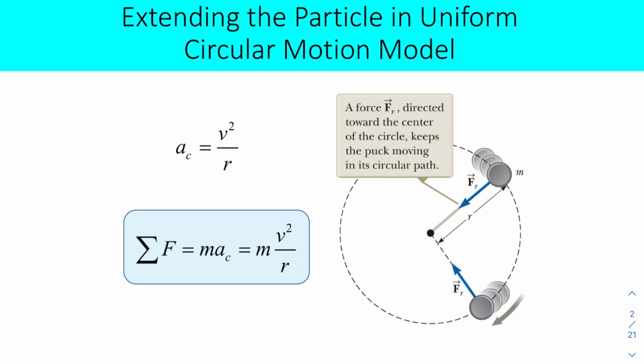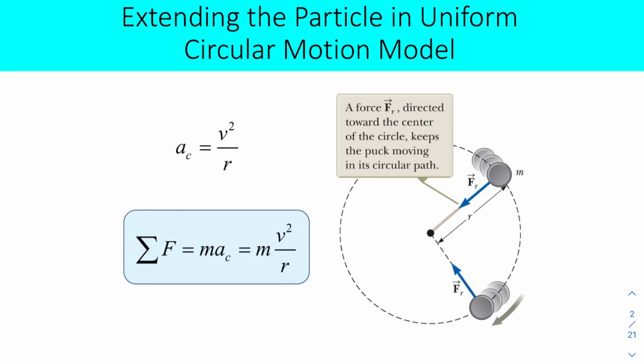This object is going to experience a net force that keeps the object within the circular path. This force is directed toward the center of the circle, which is going to keep the object moving in its circular path.